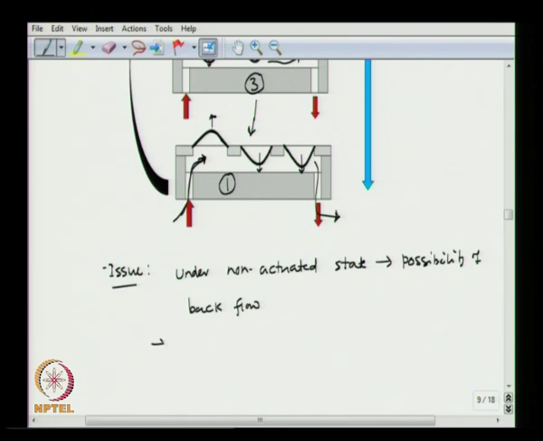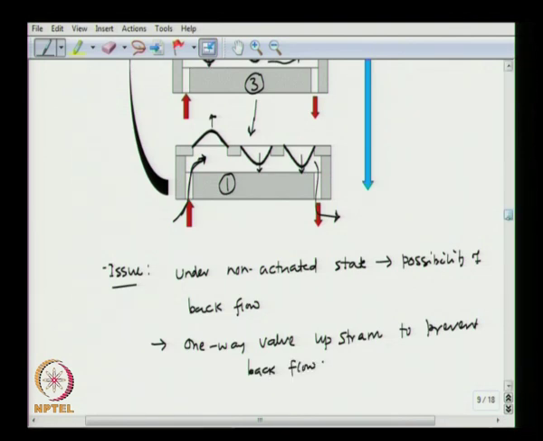So, we need a one way valve upstream to prevent backflow.